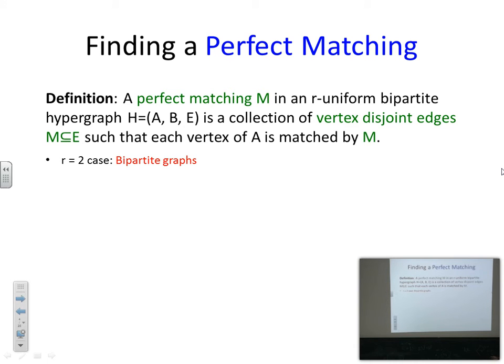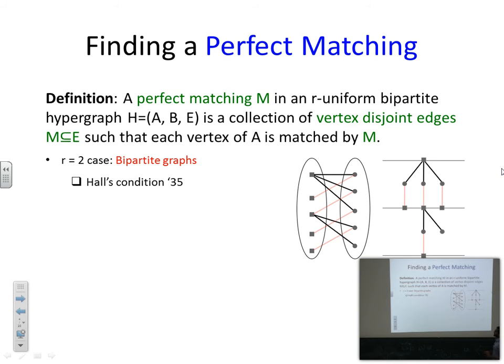We all know that for the r equal to 2 case, for bipartite graphs, there's a very nice necessary and sufficient condition for the bipartite graph to contain a perfect matching. This is called Hall's condition, and many known proofs of Hall's condition also supply a polynomial time algorithm to find this perfect matching. I made a small picture here.